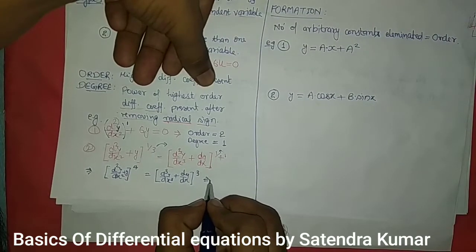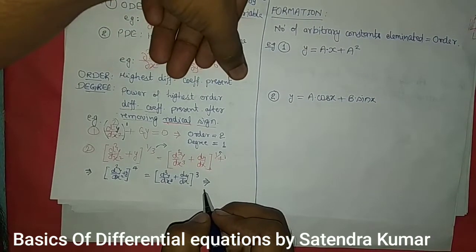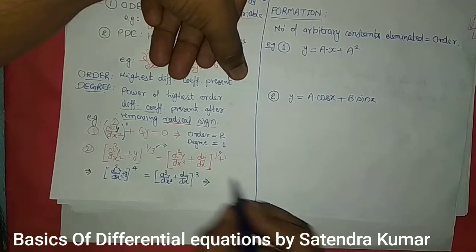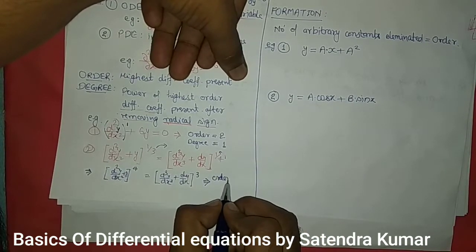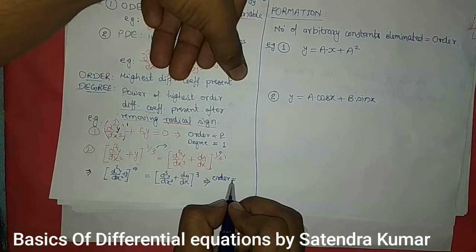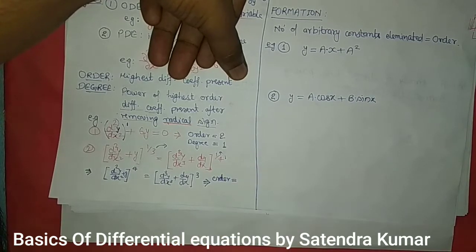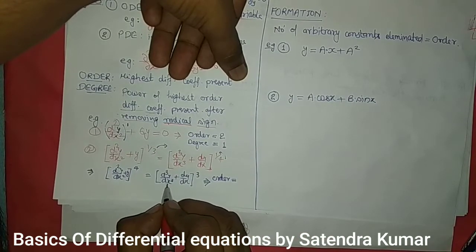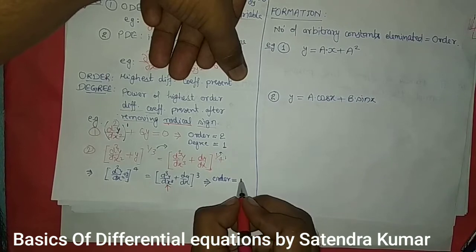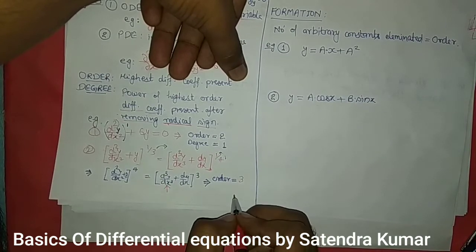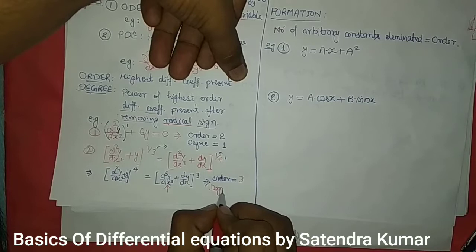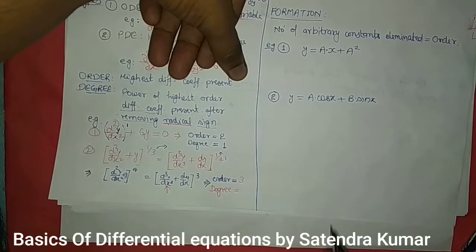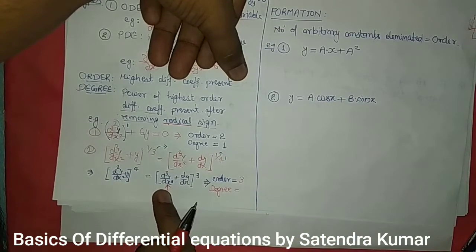And if we talk about the order and the degree, then the order is the highest order of the differential coefficient present in the differential equation. So here this is the highest order differential coefficient, hence the order of the differential equation is 3. The degree is the power of the highest order differential coefficient.